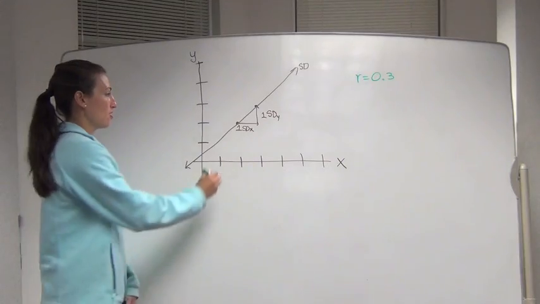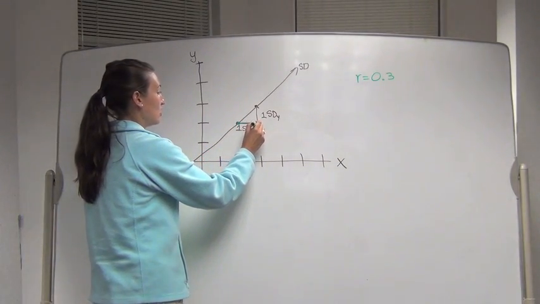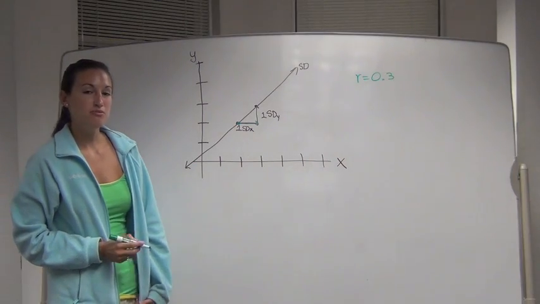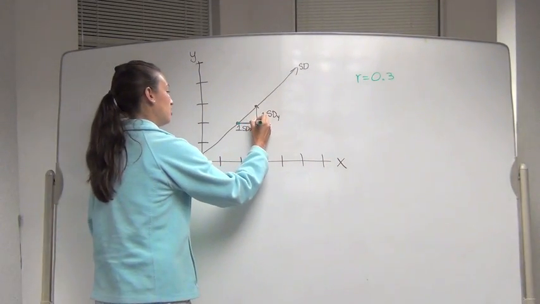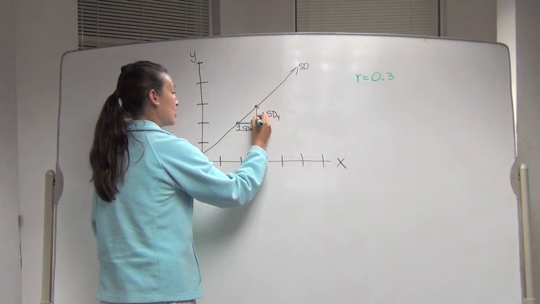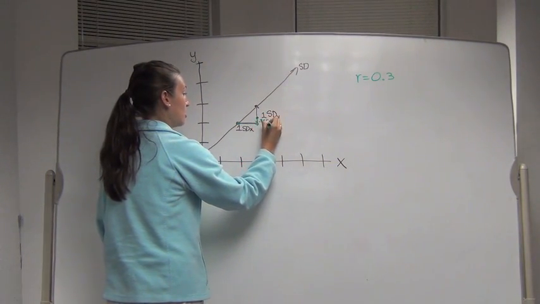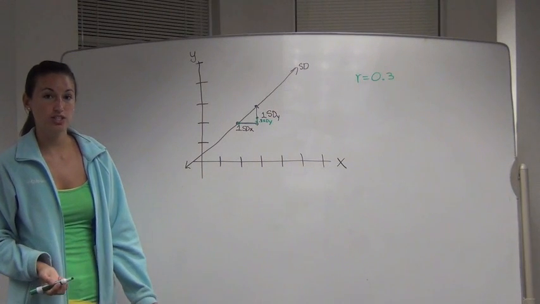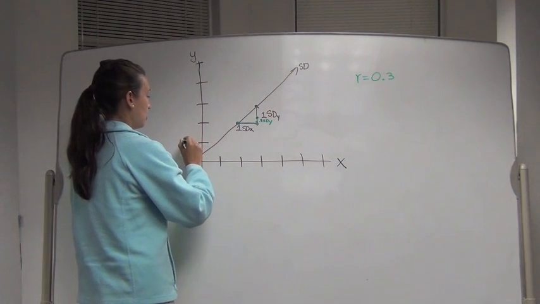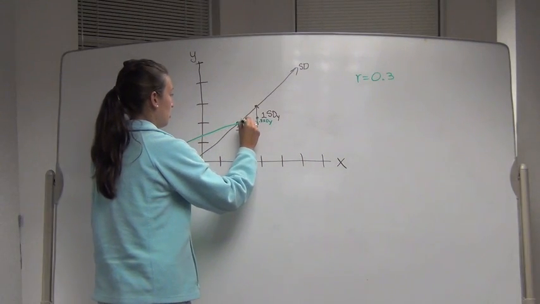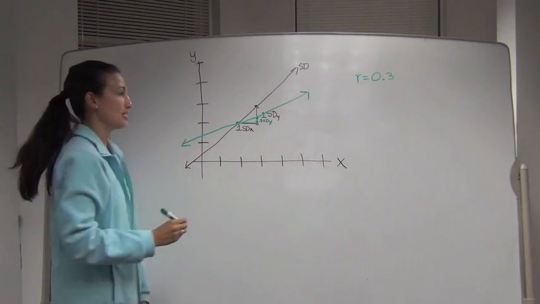So now if we start at this same point and move 1 standard deviation in the x direction, instead of moving 1 standard deviation in the y direction, we're only going to go up 0.3 standard deviations in the y direction for the regression line to make our prediction. So here, as you can see, our regression line looks different than our SD line.